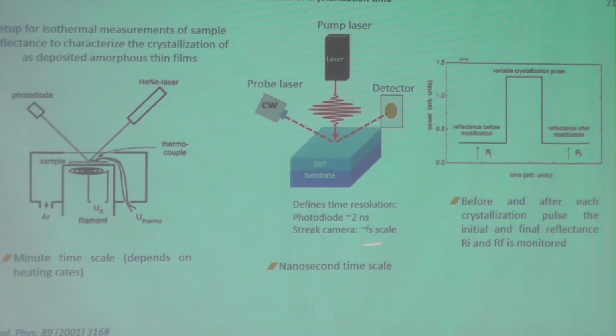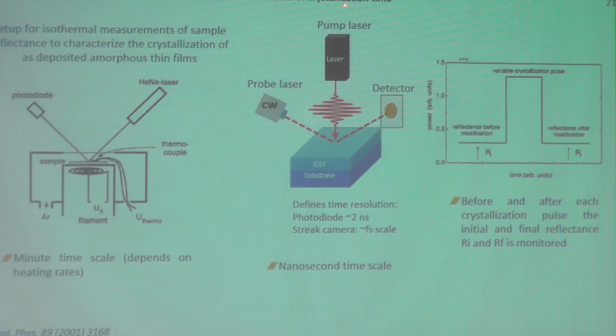Nowadays you can achieve different resolution times. You can also use different pump lasers ranging between nanoseconds and femtoseconds. The resolution time can also be in the range of femtoseconds if you use a special setup like a streak camera. So here we can achieve from nanosecond to femtosecond time scales.